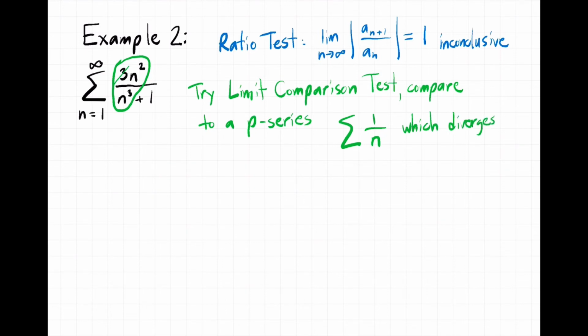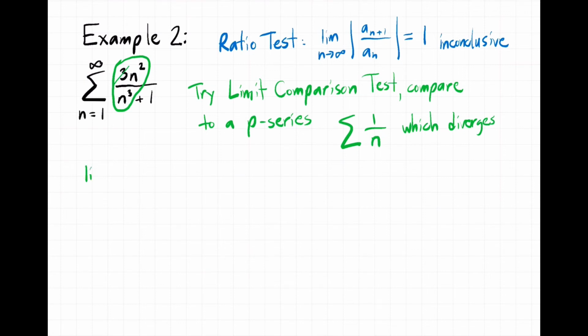So let's try the limit comparison test with this series, and we suspect we're going to get a conclusive answer that our series does the same thing as the harmonic series, which diverges. Let's try it.